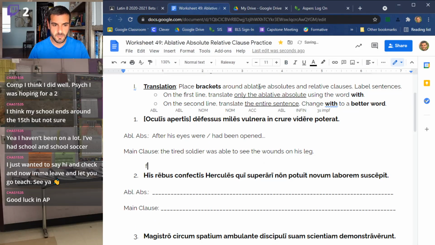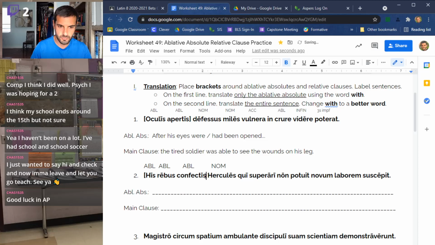Second sentence here, we've got, let's make that 10. His is ablative, rebus is ablative, confectis is ablative, and then Hercules is my subject. So here's my ablative absolute.